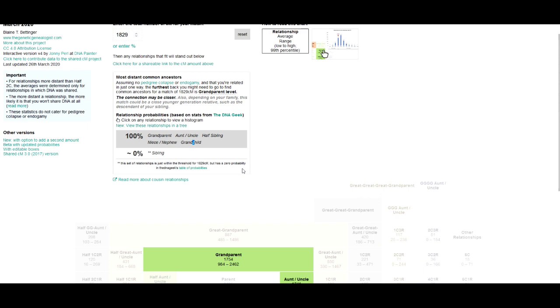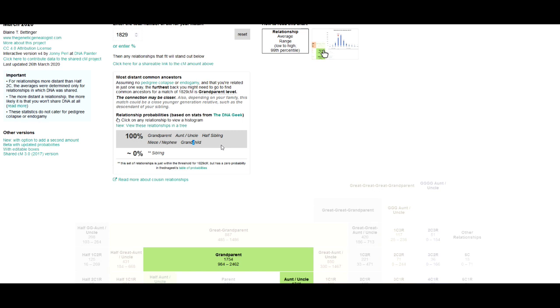Okay. I just want to double check that it was 1829. Give me 1 minute. Do y'all remember, was it 1829? Let's see. Because that would be way off what I have found with DNA Painter and Ancestry.